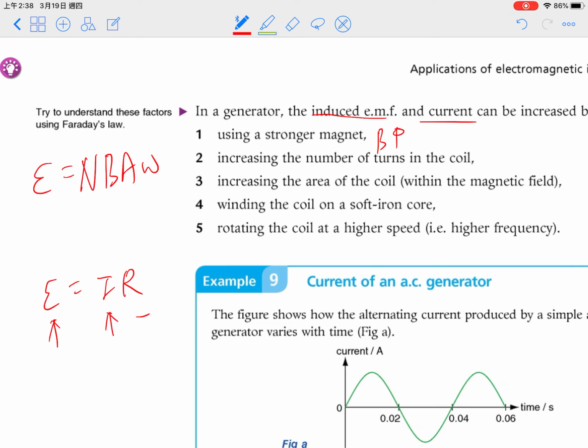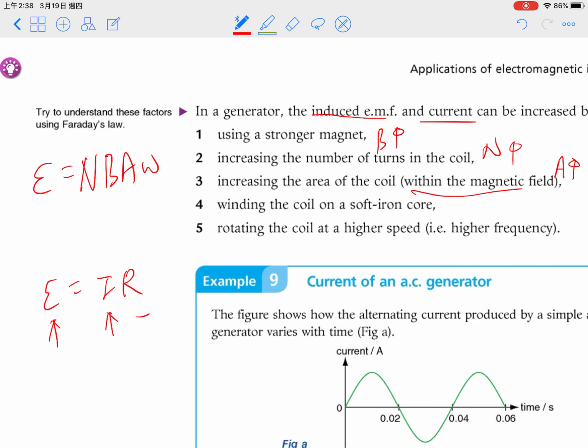We use stronger magnets, increase B field, more number of turns of coil, increase the area within the magnetic field. If we do not mention within the magnetic field, that means the coil may not be inside the magnetic field, so there will be no magnetic flux change.